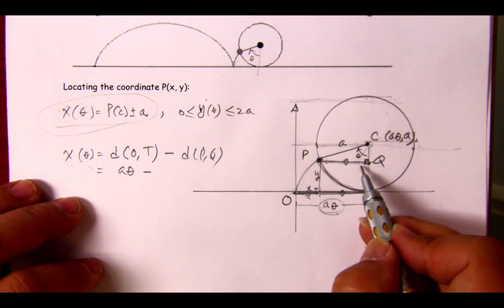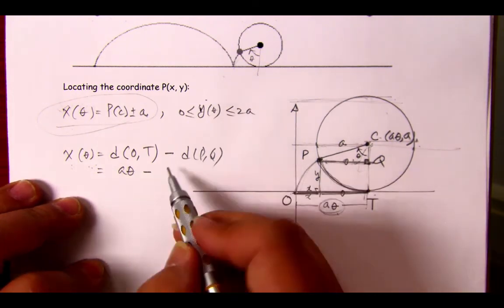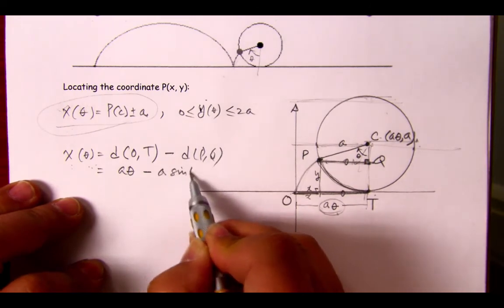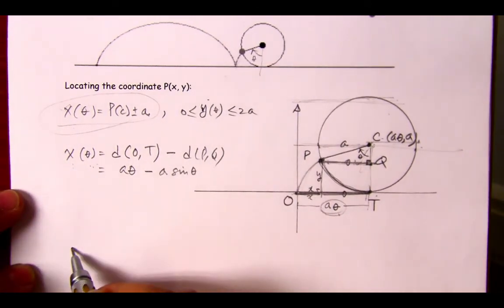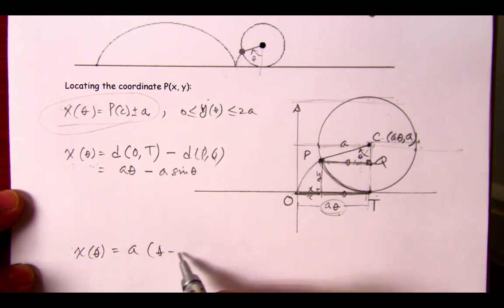Sine, right, because it's the opposite side. So the distance over here is a sine theta. So we can list it out: x of theta is nothing more than a times theta minus sine theta.